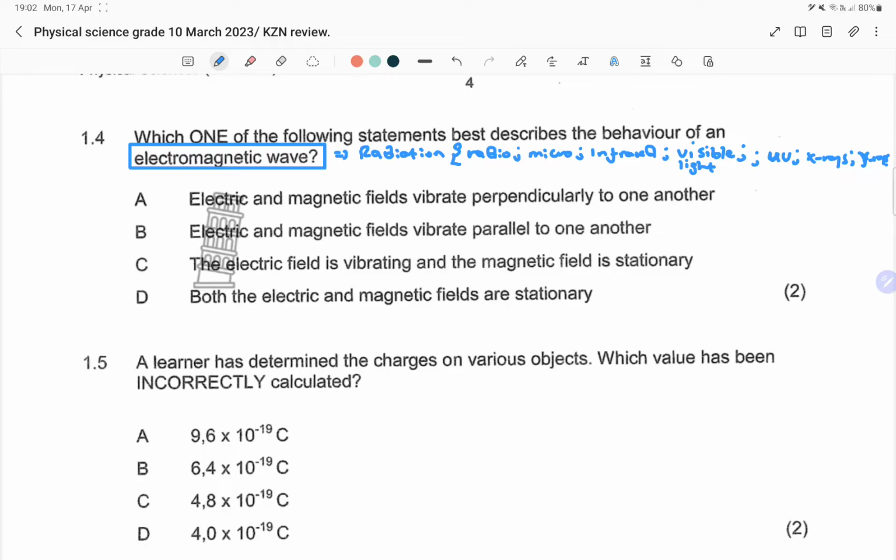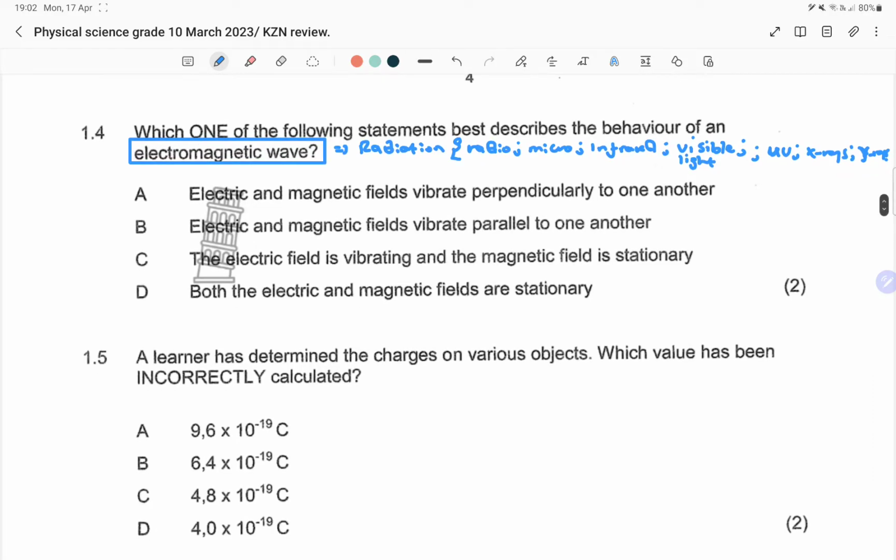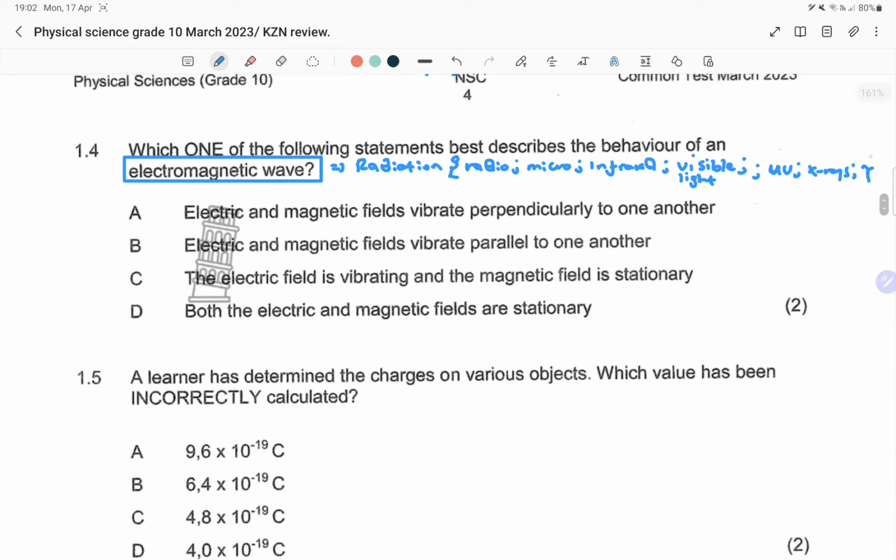So these are some of the things that you need to be able to appreciate. So this is basically gamma rays.